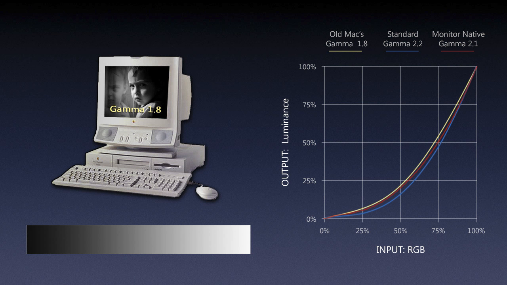Now you might also, if you talked about gammas, have heard about the gamma 1.8, and this is a legacy feature. Basically, back in the day, I think it was the early or mid 90s, there were more and more digital images. I think at the beginning there were even black and white images.